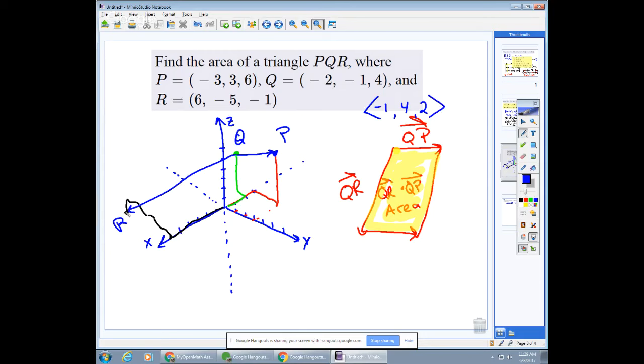QR is going to be R minus Q. So 6 minus -2 is what, 8 on a good day. -5 minus 1 would be -4. And -1 minus 4 would be -5. Is my arithmetic all right?